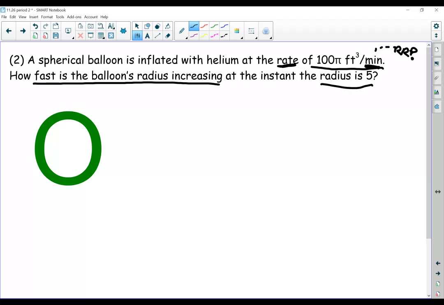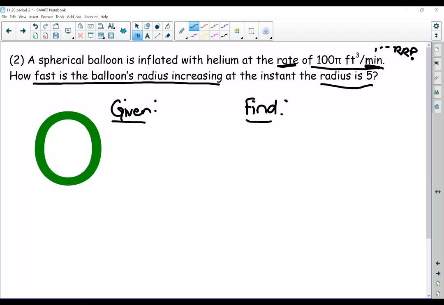And what we're going to do with this situation is freeze it for one instant and figure out at that moment what are all the rates and information about the problem. Okay, so to set this up, I like to do my given and my find. Kind of like your given and prove back in geometry. It's like what I'm given, right? And what I'm trying to find.